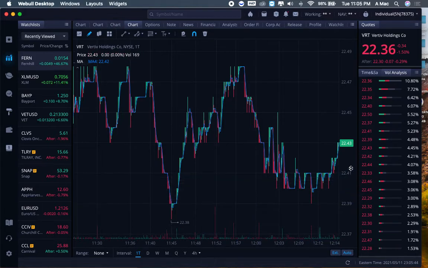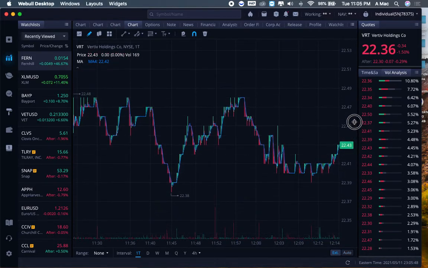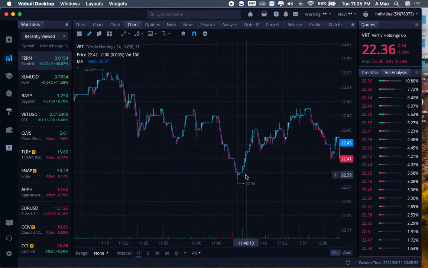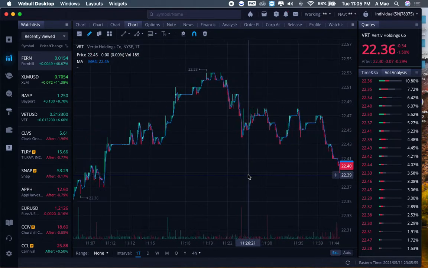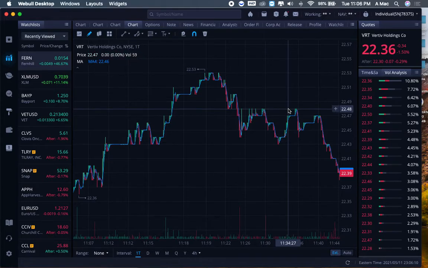Where you can see how these lines, you can see how we have major, look at this, it's all the way across here. Could have bought here, sold here, waited, bought here, sold here.